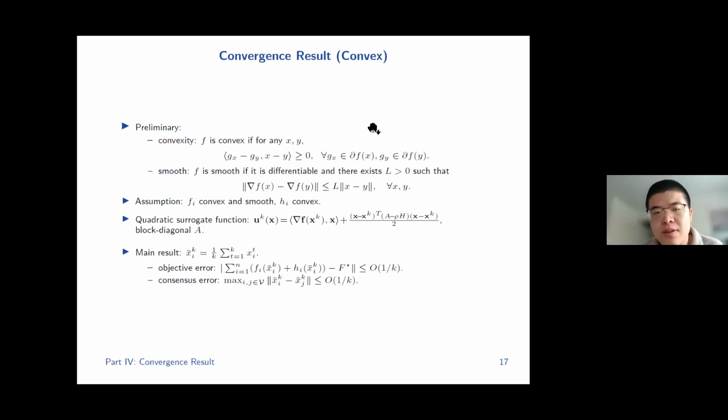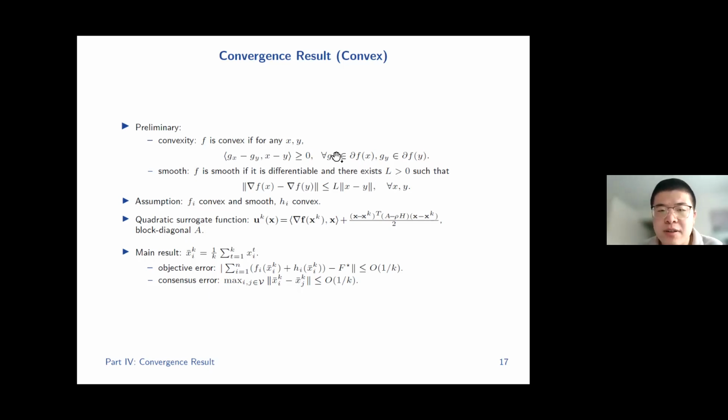To introduce our result, we first give the definitions of convex and smooth. It is shown in these 2 definitions. And here, ∂f(x) and ∂f(y) are the subgradients of the function f at x and y respectively.